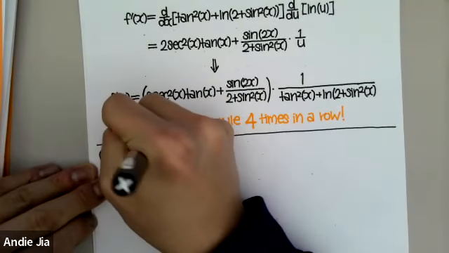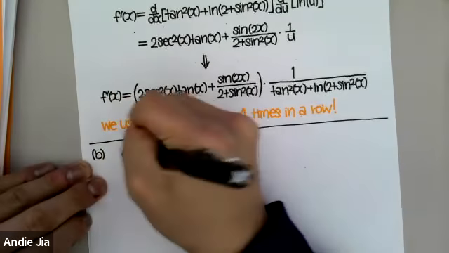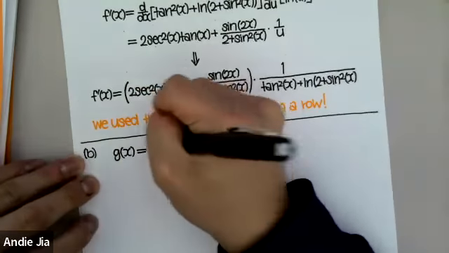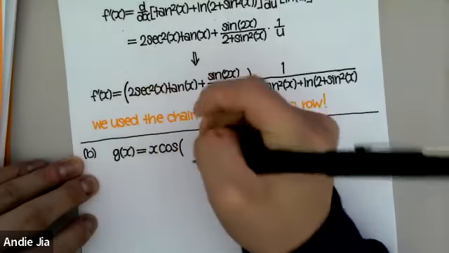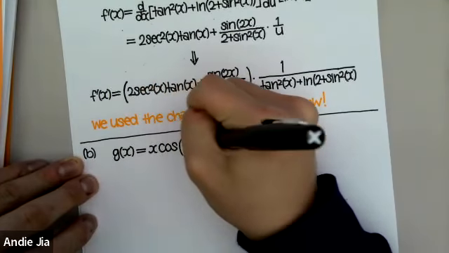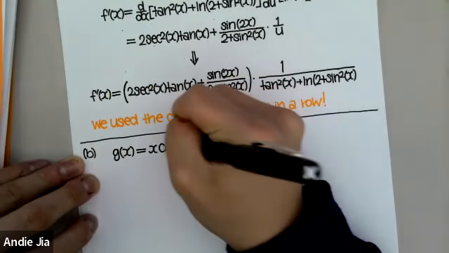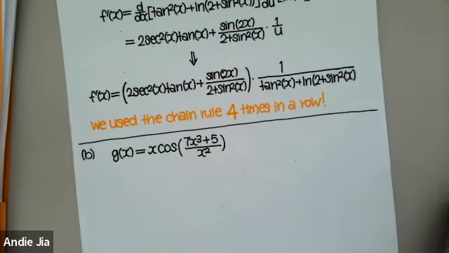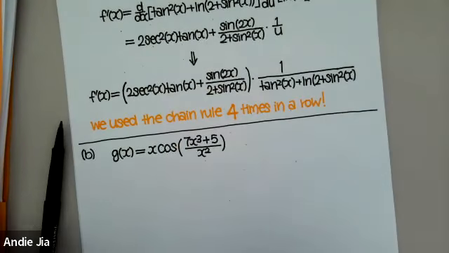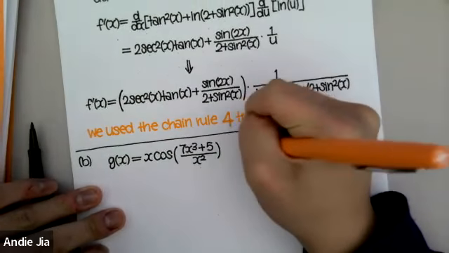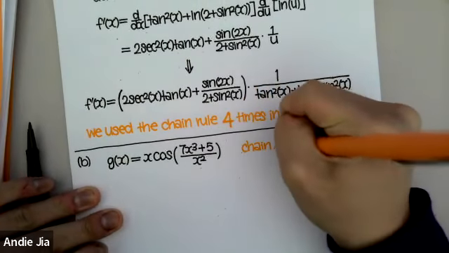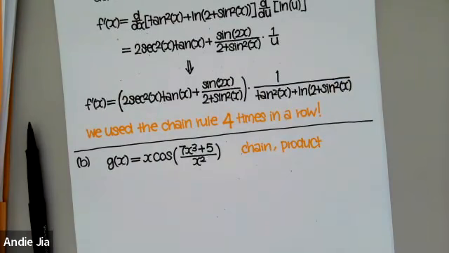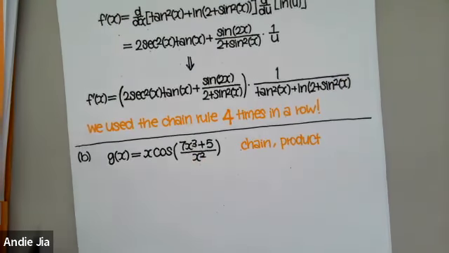So g of x is x times the cosine of this: 7x cubed plus 5 over x squared. This is the chain rule and the product rule. You just rewrite this expression because it looks like a mess, because this way you can avoid using the quotient rule. It's a trick here.